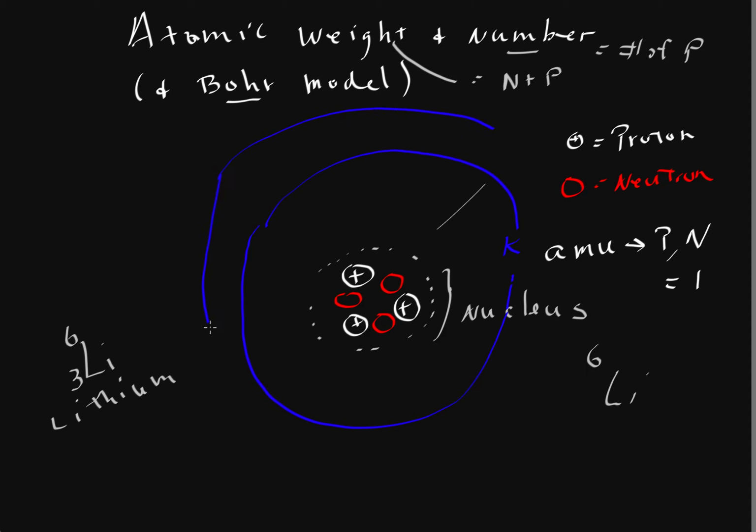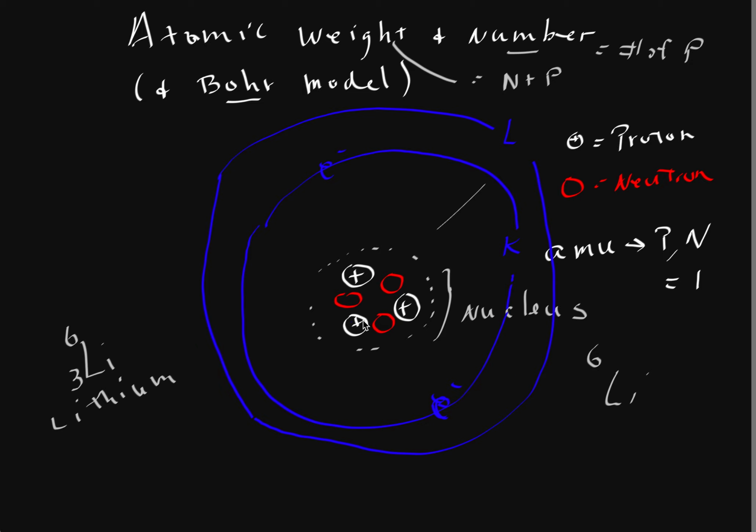And then we can have another shell. We'll call it the L shell. It goes around the K shell like that. The K shell can hold 2 electrons, so I'll just draw an e with a minus sign. We'll put another one down here. And then the K shell is full with just 2 electrons. It can't hold any more electrons.